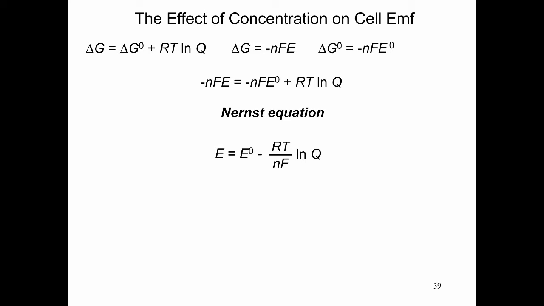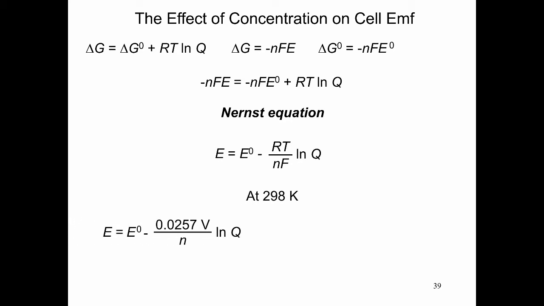But since the Nernst equation tells us what is occurring when we are not at standard conditions and not necessarily at equilibrium, we cannot use the K because that denotes equilibrium. We are just using a different variable, Q. Just a different letter, but the treatment is still the same. This is the ratio of the products over the reactants.